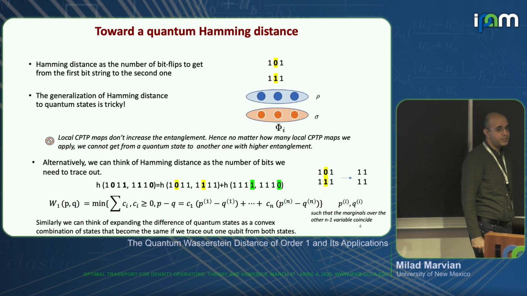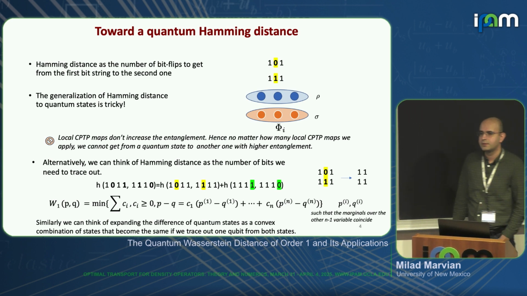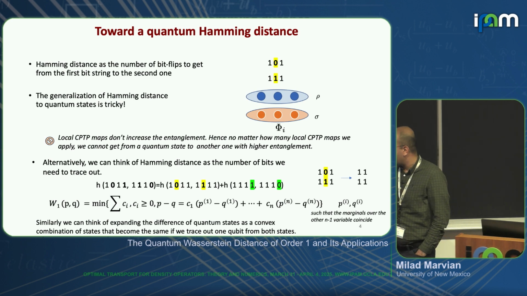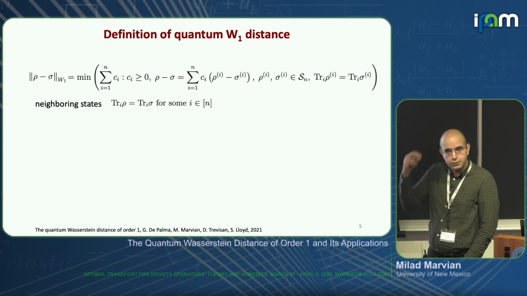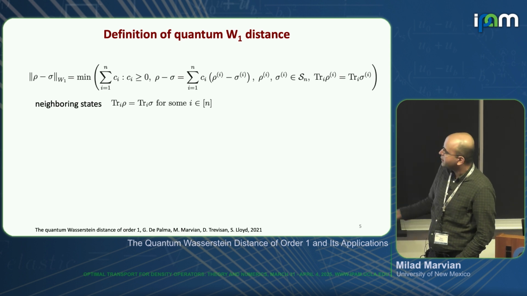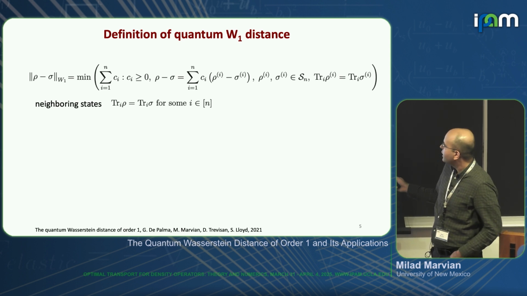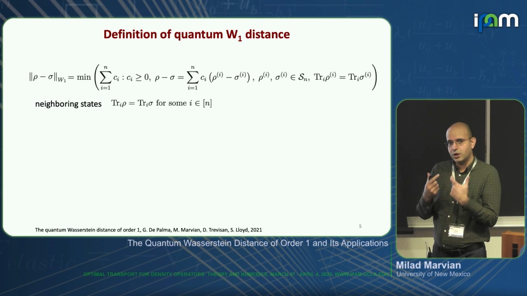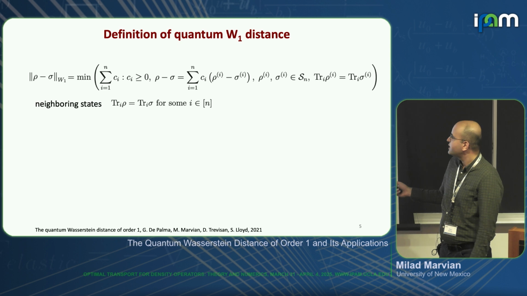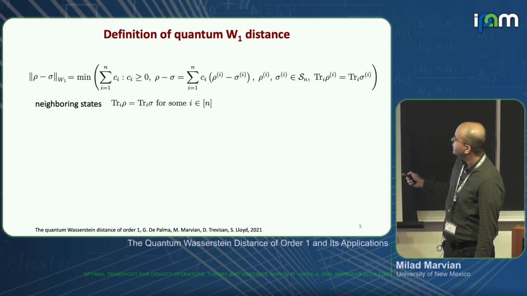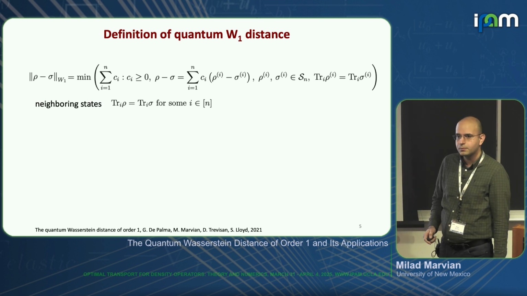Now you can think of tracing out qubits, right? That's straightforward to generalize to a quantum setting, and that's exactly what we did. So here, rather than thinking about probability distributions, I'm thinking about the marginals. I'm thinking about tracing out one qubit of two states, them being the same.